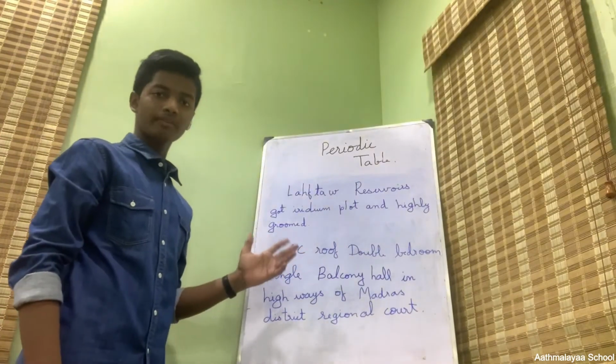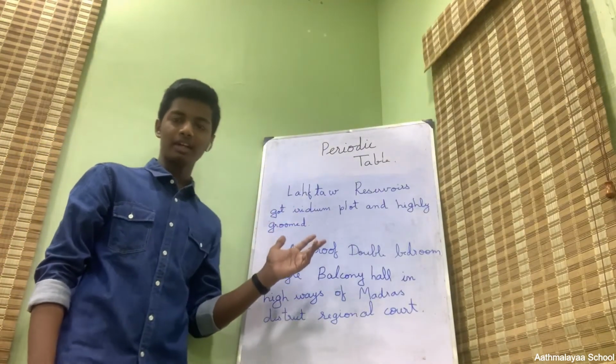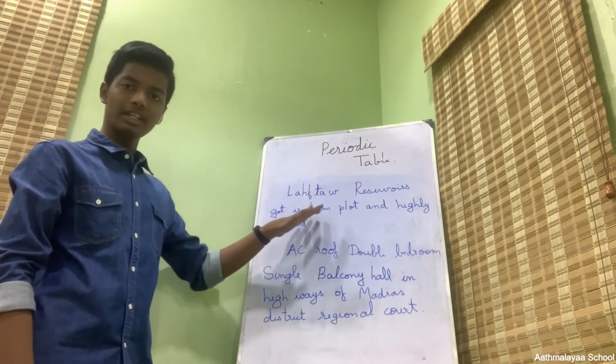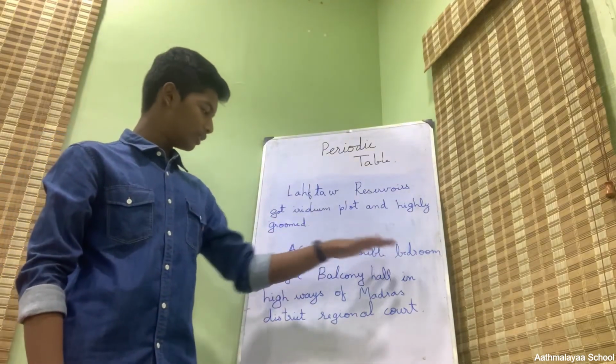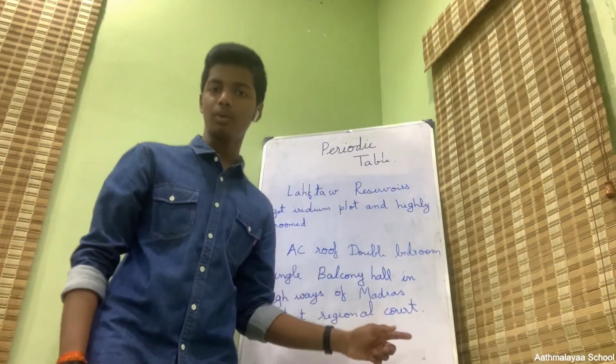The mnemonic of the next two horizontally arranged elements of D block has a single story: "Laughter reservoirs got iridium plot and highly groomed. AC roof, double bedroom, single balcony hall in highways of Madras District Regional Court."